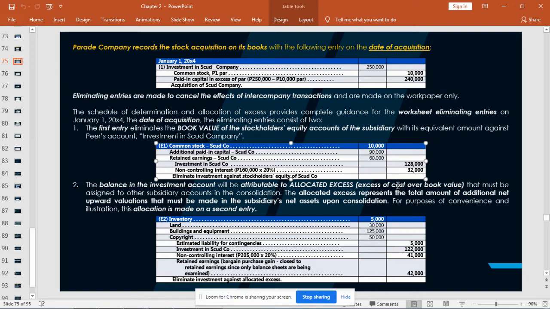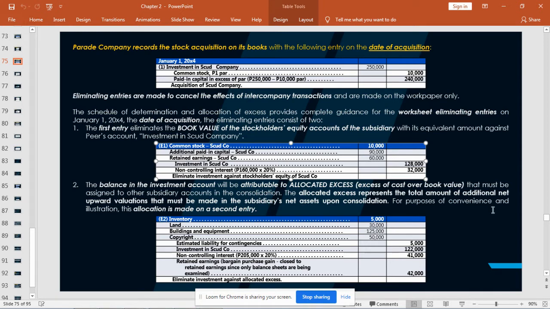Right? Yeah. Then another entry would be the balance in the investment account attributable to allocated excess. So that must be assigned to other subsidiary accounts in the consolidation. So the allocated excess represents the total amount of additional net upward valuation that must be made in the subsidiary's net asset upon consolidation.